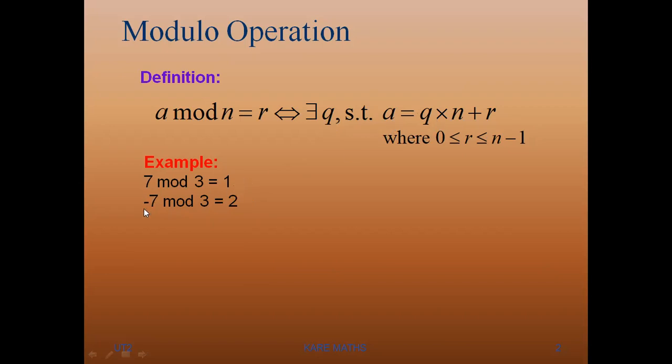So here the q value is minus 3 and in the earlier example the q value is 2. So this is the definition for a basic modulo operation: a mod n is equal to r if and only if there exists q such that a is equal to qn plus r.